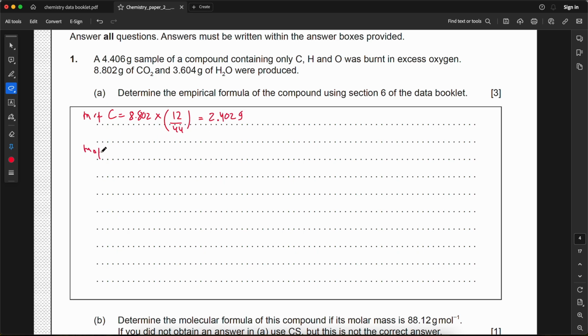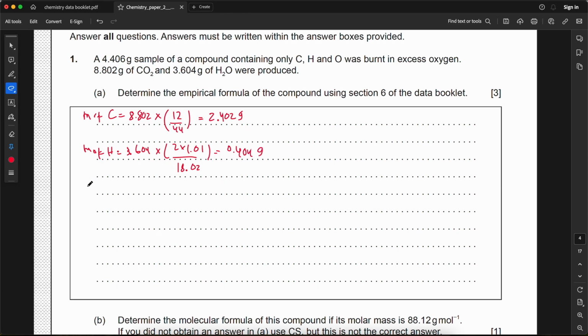And now for hydrogen, that will be 3.604 times 2 times 1.01 divided by 18.02 because it's H2. So 2 times the relative atomic mass of hydrogen. You will get 0.404 gram.